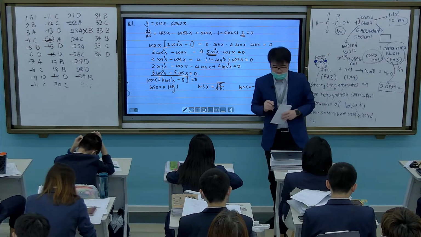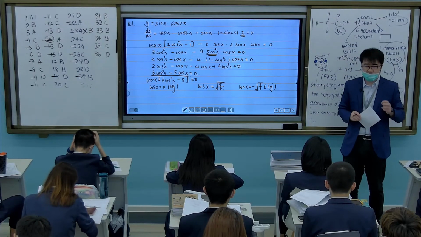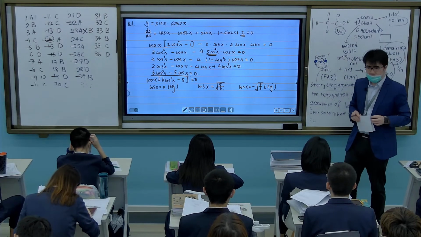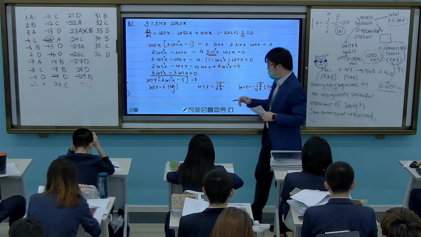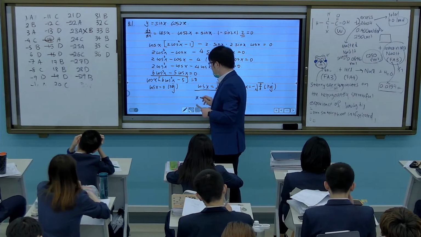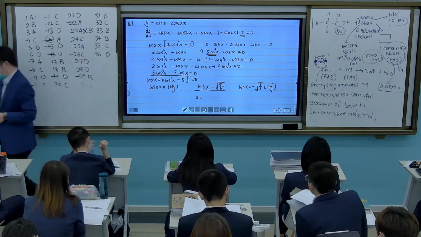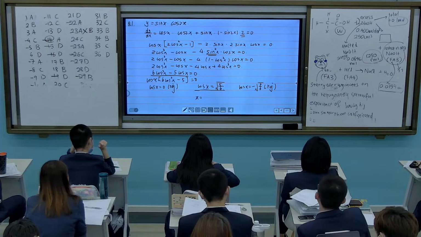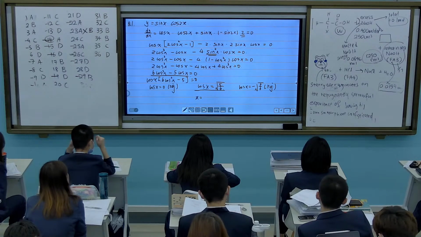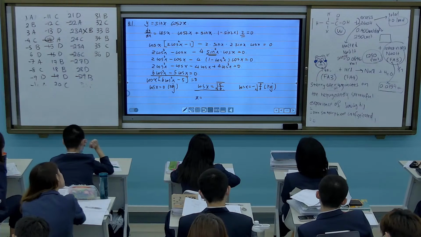Since x is in the first quadrant, cosine x has to be positive. So based on cosine x equals square root of 5 over 6, what is the value of x? Have you got the answers?